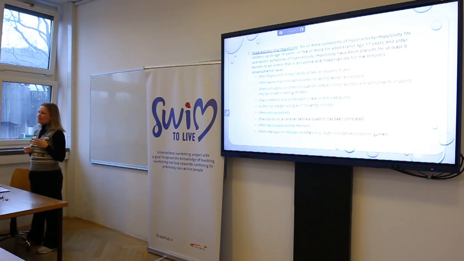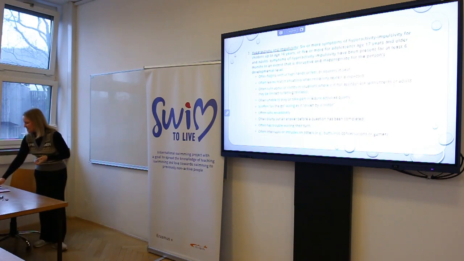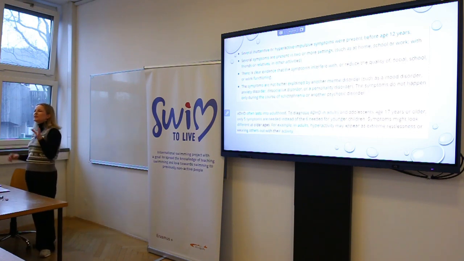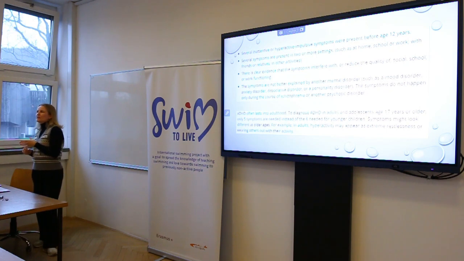They have quite a lot of trouble being popular or being acknowledged in social settings. So all these symptoms have to be fulfilled to get the diagnosis. But if you are diagnosing older teens, like 17 years old, or adults, you just have to fulfill 5 of these criteria.